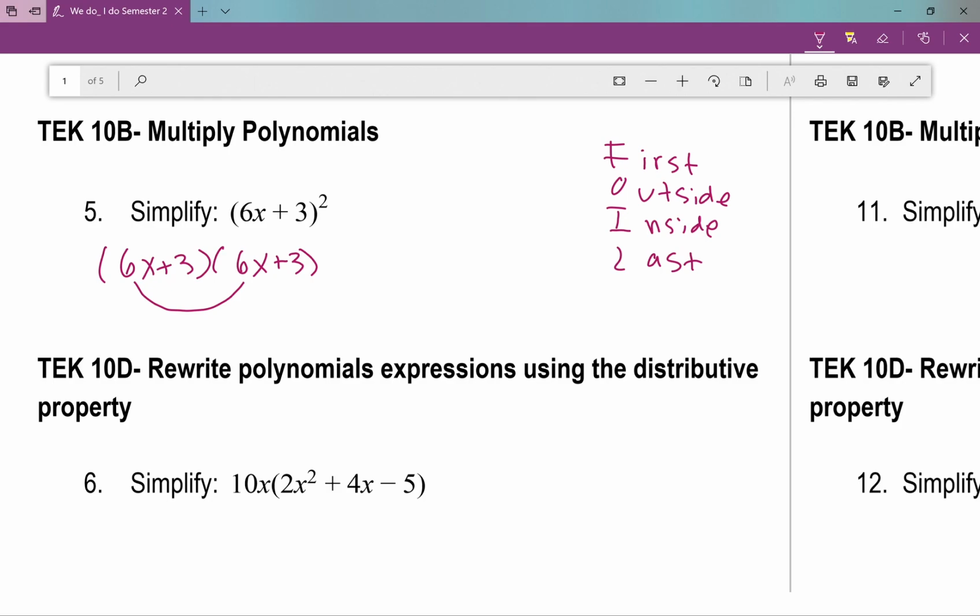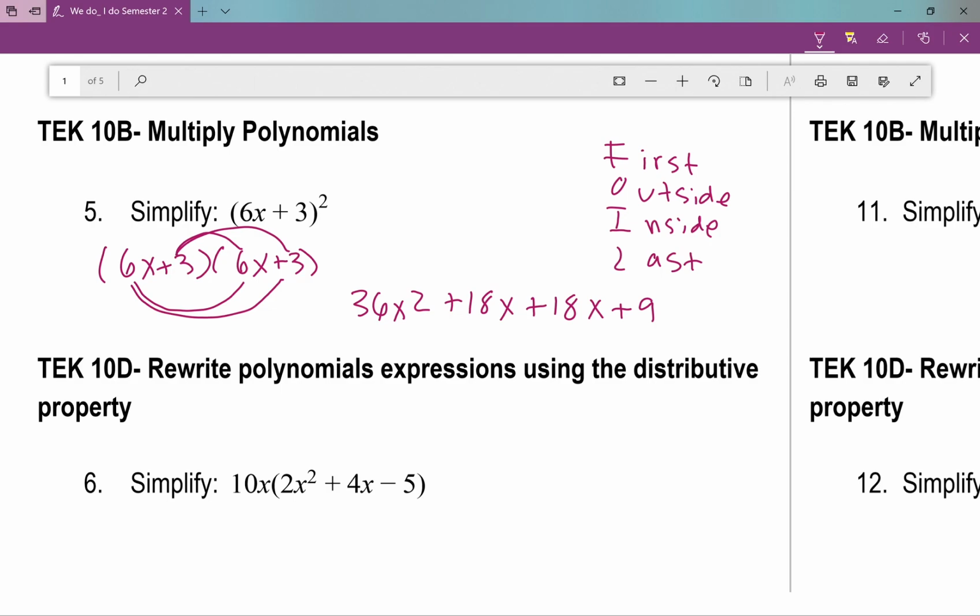So our first two terms would be 6x times 6x, which is 36x squared. Then our outside terms would be 6x times 3, which is 18x. Our inside terms, which is 3 times 6x, 18x. And our last terms, 3 times 3, which is 9. And then the only other thing we have left to do is combine our like terms.